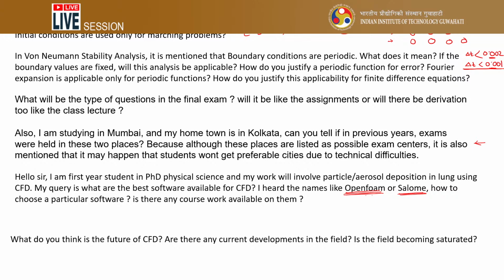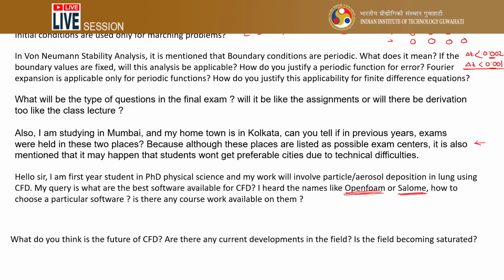Although you can see that CFD in general, finite difference, finite volume, for solving the Navier-Stokes equation, maybe you think it is very simple and you may say it is saturated, but there are multi-physics problems which were not attempted earlier.